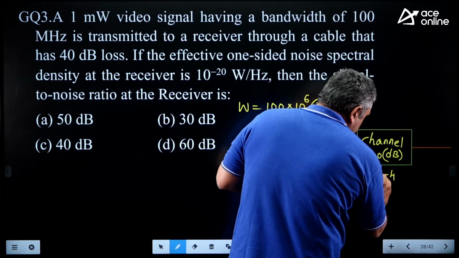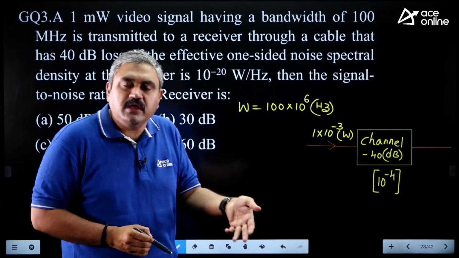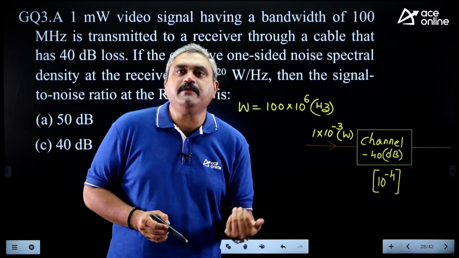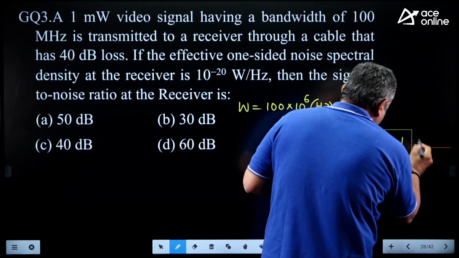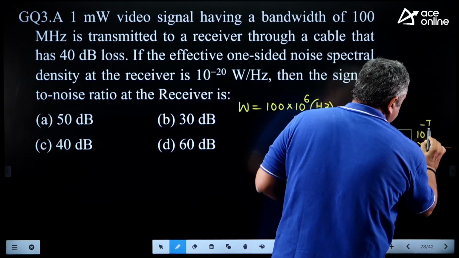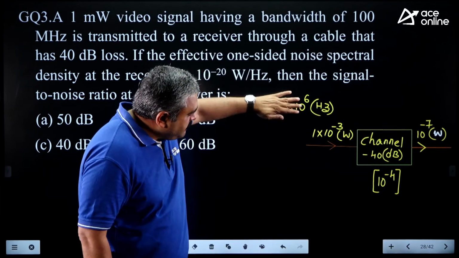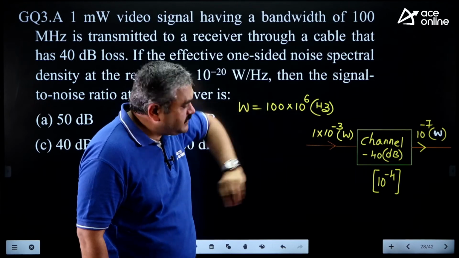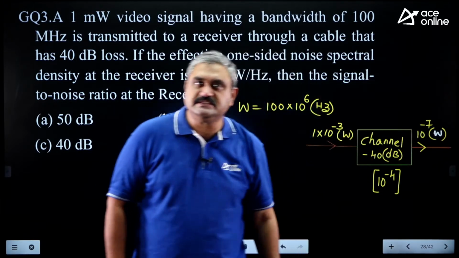If it is an amplifier of 40 dB, 10 power 4. If it is attenuation of 40 dB, 10 power minus 4. So what is the power of the signal by the time it comes to the receiver? 10 power minus 3 multiplied by 10 power minus 4 is 10 power minus 7 watts. This is the power of the signal once it is received at the receiver side.